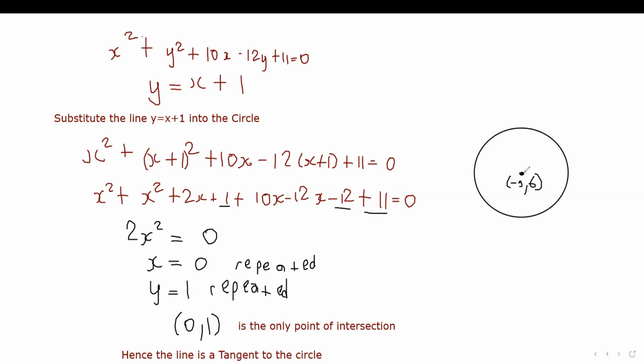And the point (0, 1) would be somewhere right here. So this is (0, 1). Now if you draw the line, it looks something like this. The line intersects the circle right there. So yeah, that's it. Indeed, the line is a tangent to the circle.